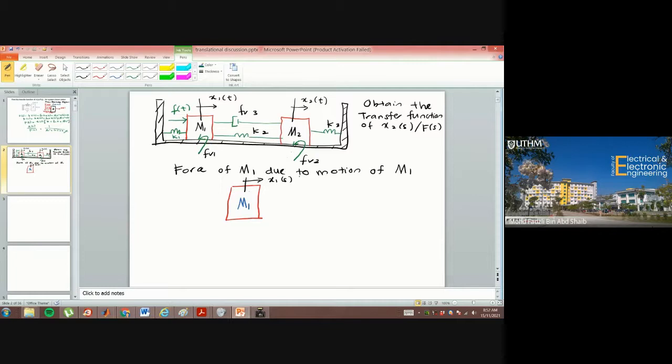Now, how many forces do we have in M1? Can you tell me how many forces we have in M1?